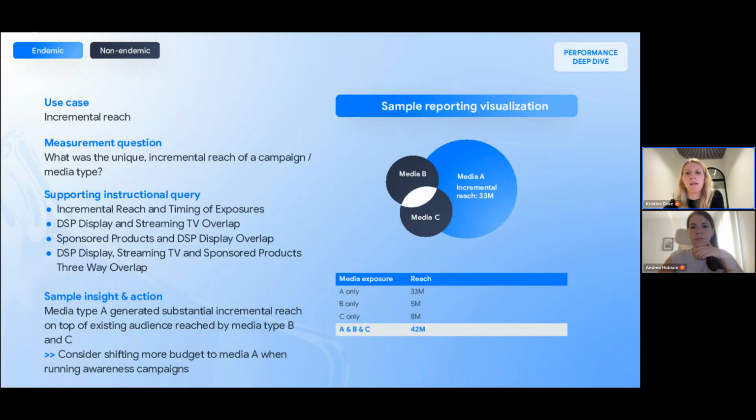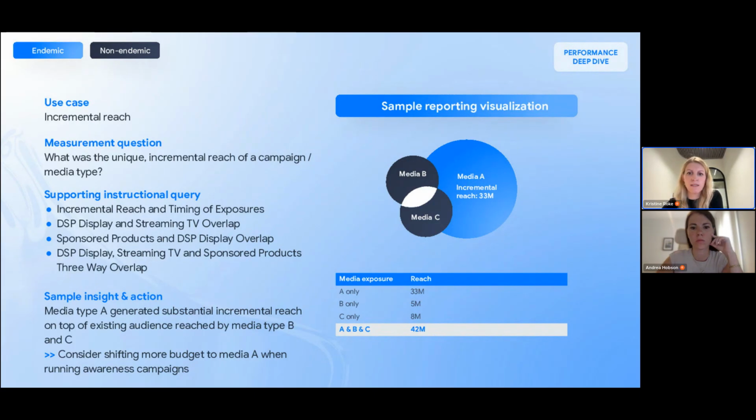Media A generated a significant incremental reach, meaning those people weren't reached by the other media used. And that's a huge insight because it tells us where our campaigns are adding new exposures versus where we're simply hitting the same audience multiple times.